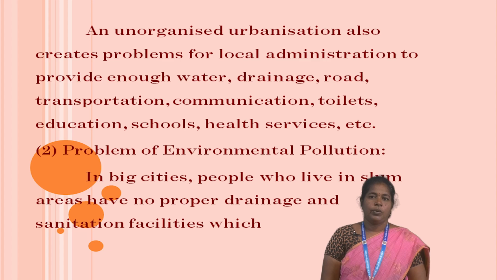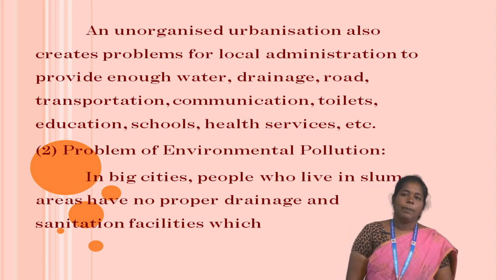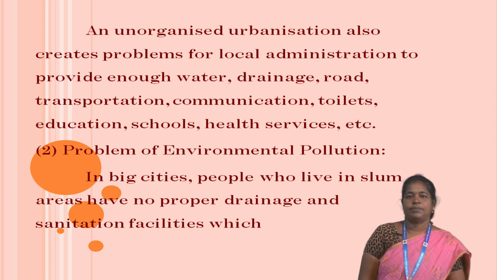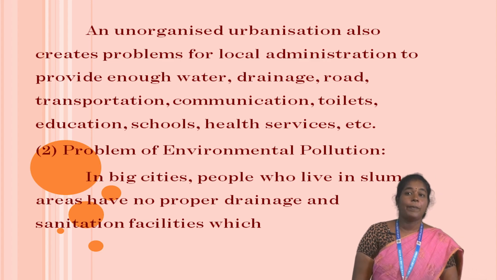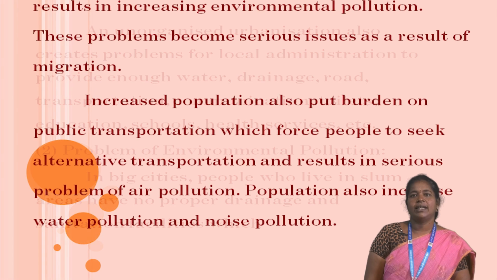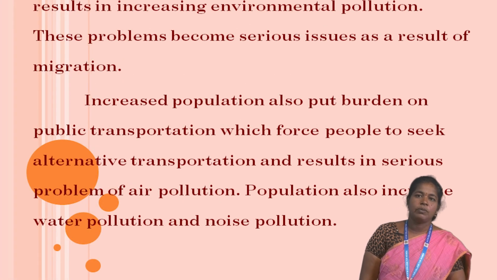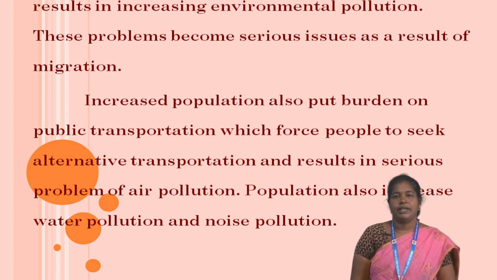Next one, problems of environmental pollution. In big cities, people who live in slum areas have no proper drainage and sanitation facilities, which results in increasing environmental pollution. These problems become serious issues as a result of migration.